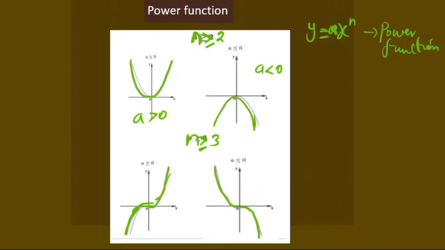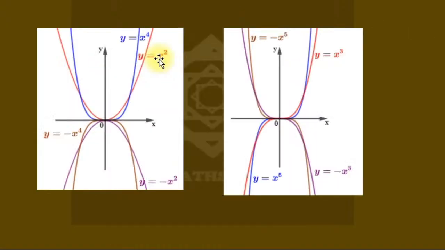Let's look at this. We'll see that the first one is when n is greater than or equal to 2, that's even, while this is when n is greater than or equal to 3, that's odd.